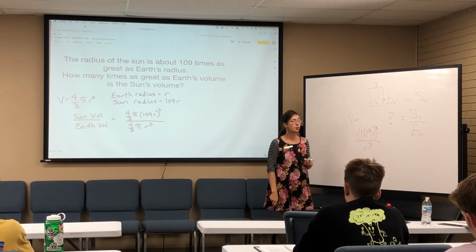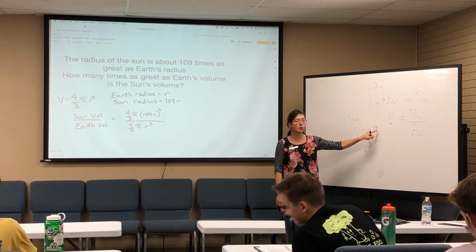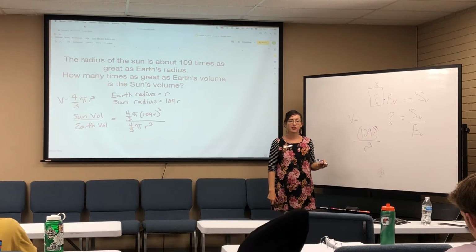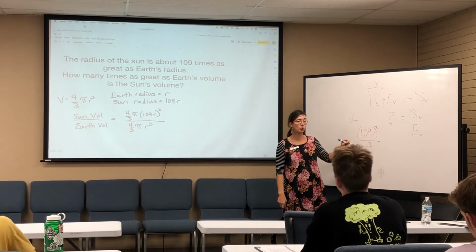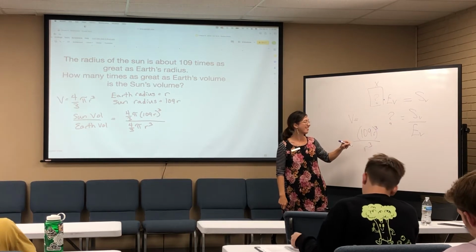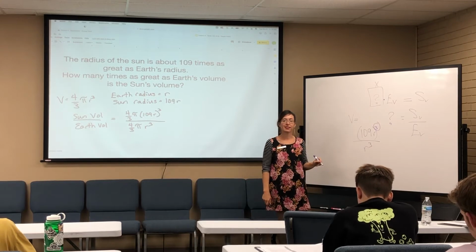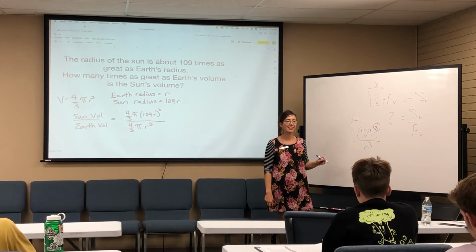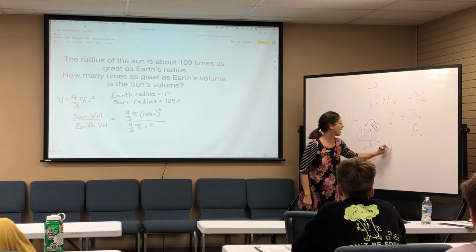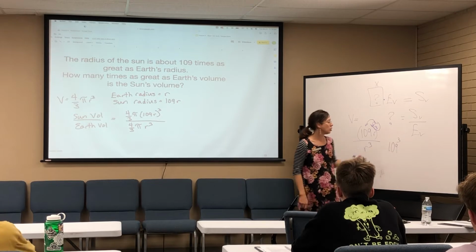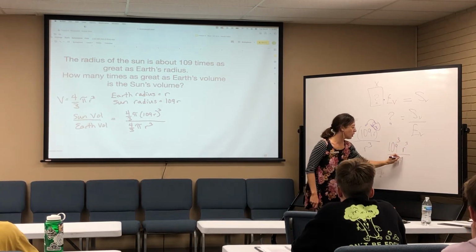All right? So again, what do I need to plug into my calculator? What rule do I know about an exponent raised to a power? I've got a 3 on the outside of this parentheses. That you multiply. We're going to distribute and multiply it in. Good job. So I would have 109 cubed times r cubed over r cubed.